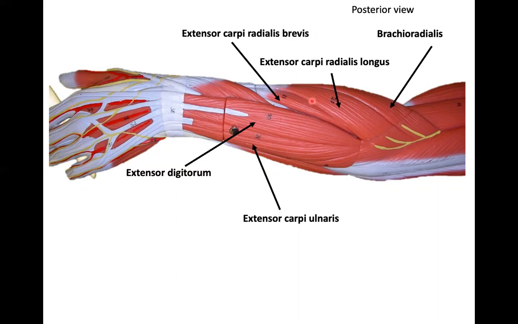And then you have two extensors associated with your radius called extensor carpi radialis brevis and extensor carpi radialis longus. And you're going back to the brachioradialis, which is what we started with. So again, for your knowledge, you only need to identify this group as extensors.